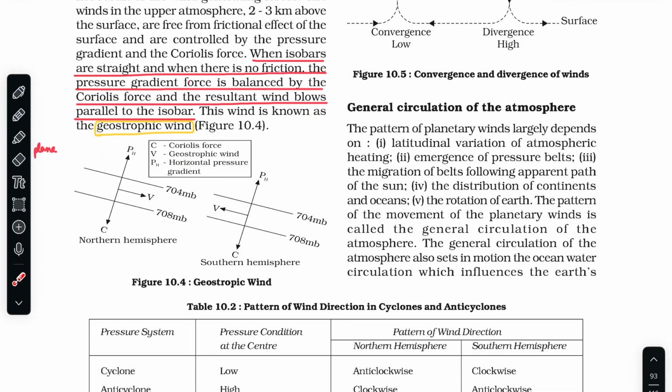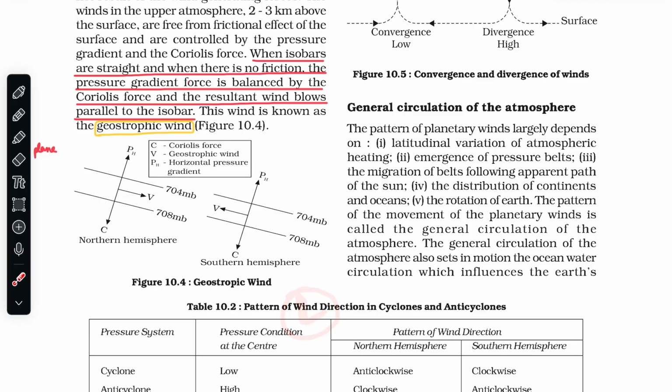So over here at low we have cyclones, which is known as a cyclonic pressure system, with low pressure at the center. The wind direction in the northern hemisphere is anti-clockwise.